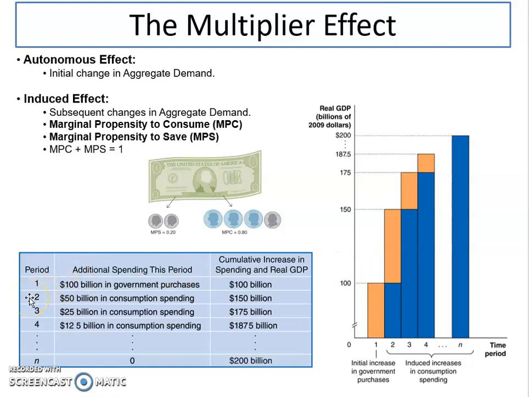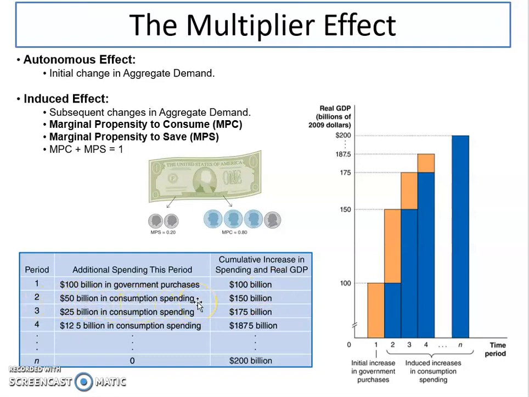In period 2, you're actually going to see $50 billion in consumption spending. Why? Well, because in period 1, the government spent $100 billion, which led to $100 billion in new aggregate demand, which led to $100 billion in new production, income, and half of it was spent in period 2.